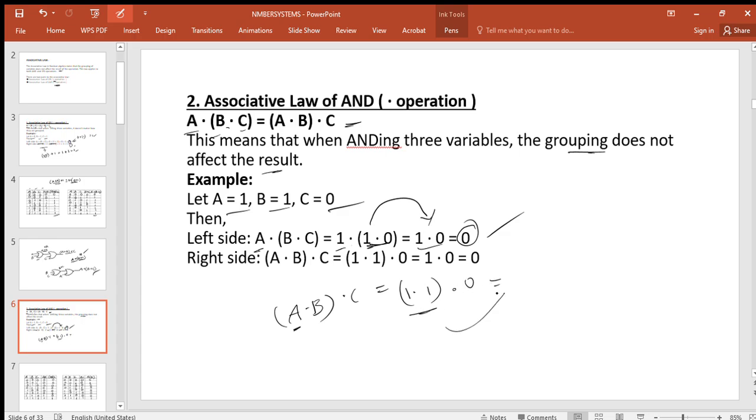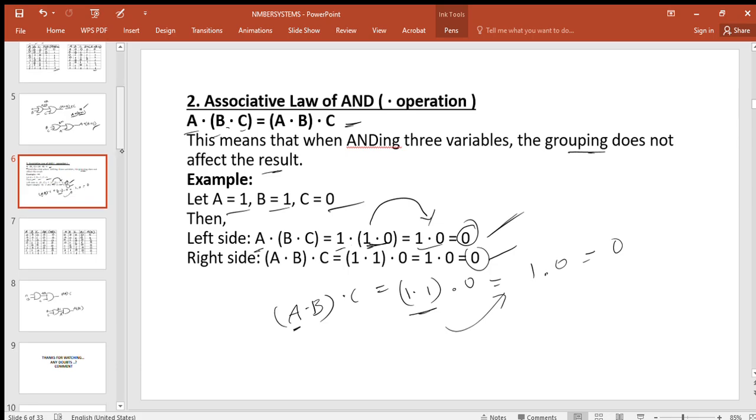So 1 into 1 is 1, then into 0. This is not a decimal point number, it is a product symbol. You can represent the AND operation with dots, so that's why I write like this. So 1 into 0 is equal to 0. So the final result for A into (B into C) and (A into B) into C, both will be 0. So it satisfies the associative law for the AND operation also. So this is the process for AND operations.